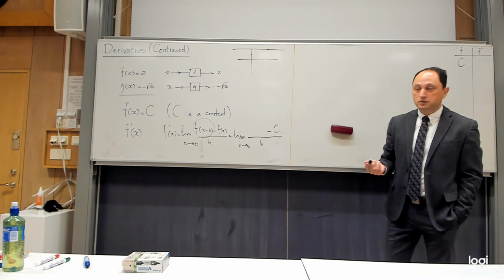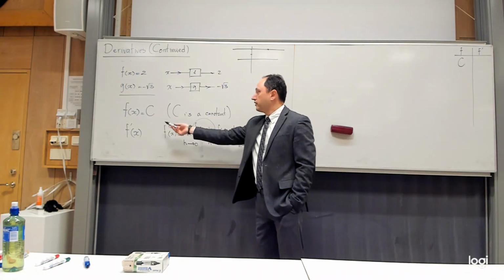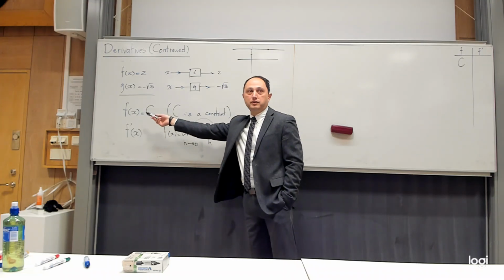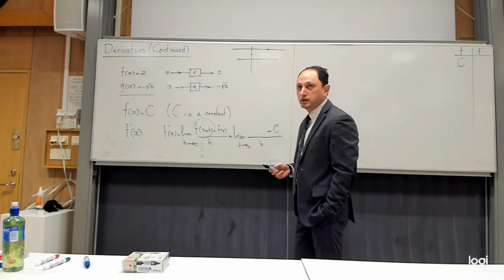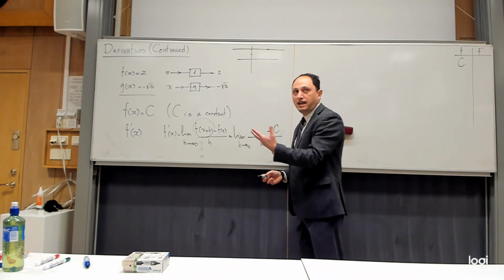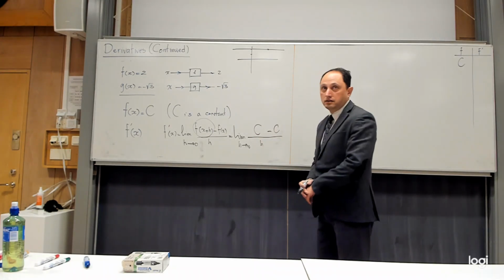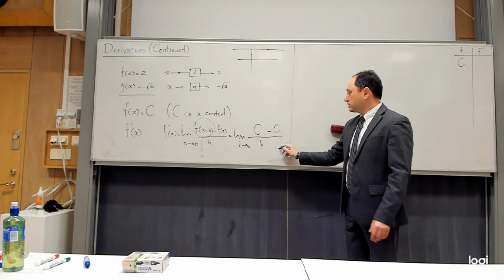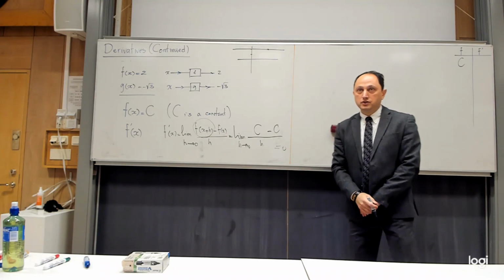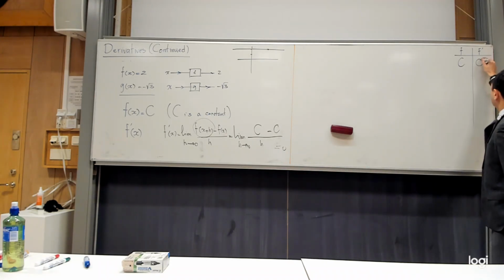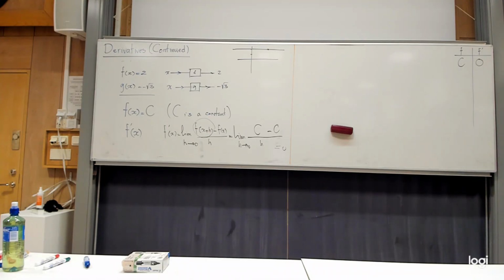It's C again, yes, because I told you that they don't care. Constant functions don't care about the input. They always give you the same output. So f of x plus h is again C. And C minus C is 0, 0 over h is 0, so the answer is 0. So the first thing you need to remember is that the derivative of a constant function is 0.